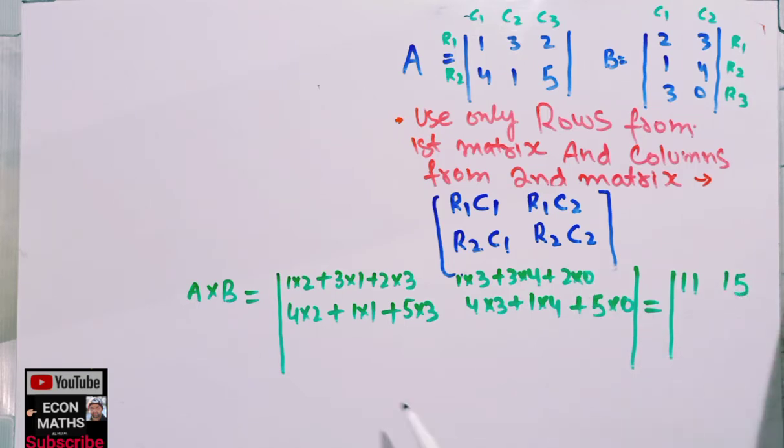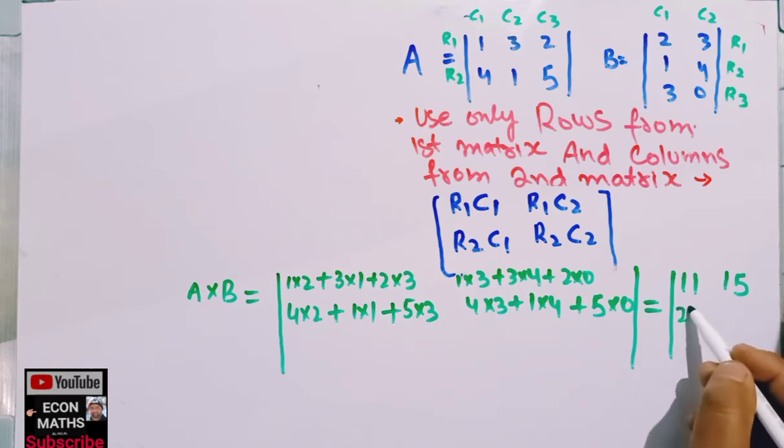Similarly, 4 twos are 8, plus 1 ones are 1, plus 5 threes are 15, so 8 plus 1 is 9, and 9 and 15 are 24, so I will write here 24.